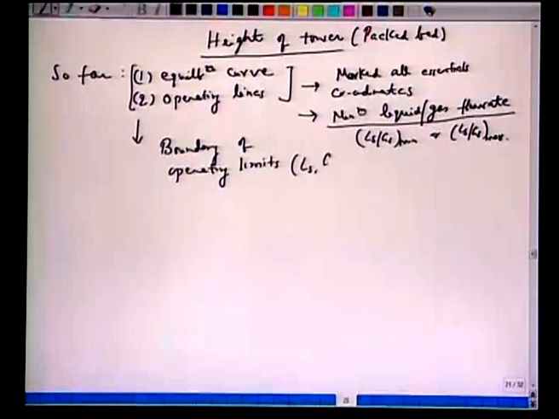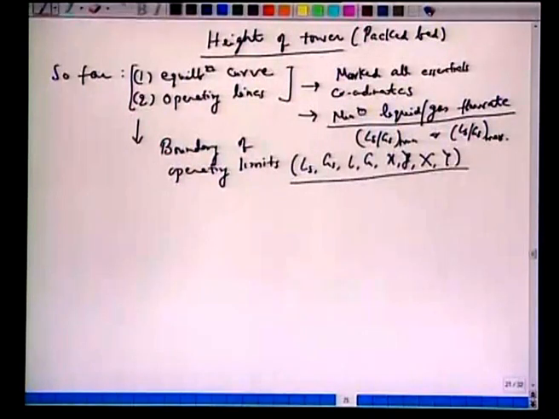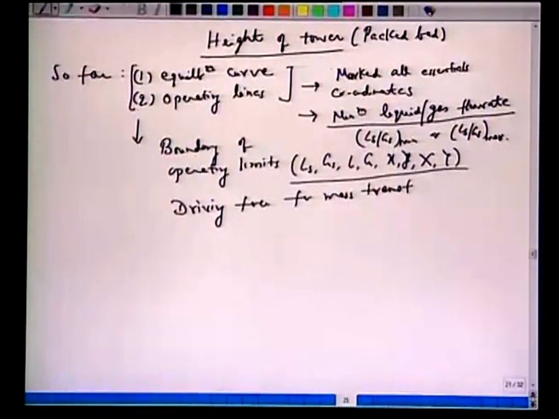Ls, Gs, L, G, X, Y or capital X, capital Y. So, these are the quantities we can determine, we can locate, and we can also obtain at any location the driving force for mass transfer. This can also be obtained from 1 and 2.